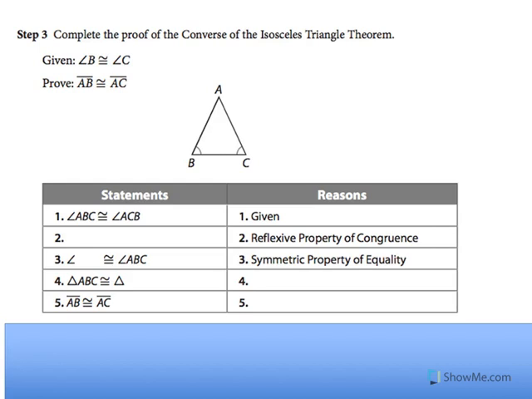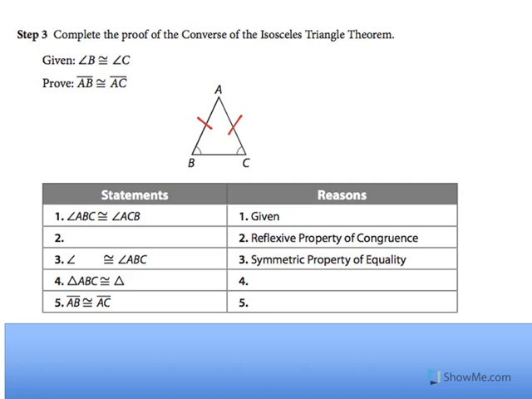Complete the proof of the converse of the isosceles triangle theorem. Given that angle B is congruent to angle C, we want to prove that segment AB is congruent to segment AC. So this is what we want to prove.